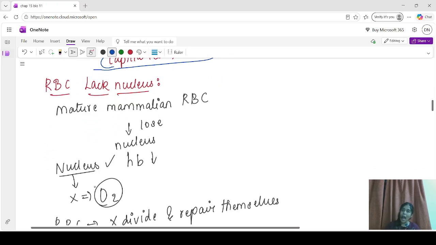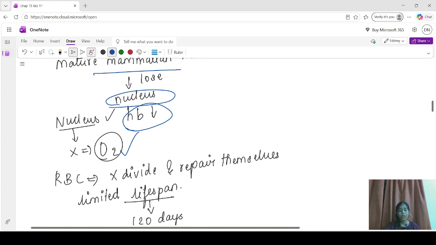And why do RBCs lack nucleus? The main reason is that mature mammalian RBCs lose the nucleus. If the nucleus occupied space, less hemoglobin would fit inside the cell. So nucleus removal increases the oxygen carrying efficiency.